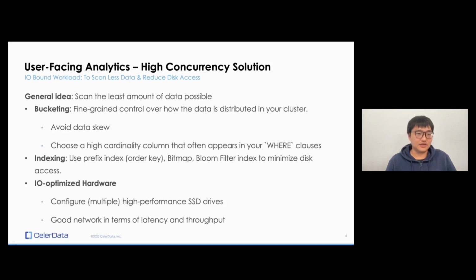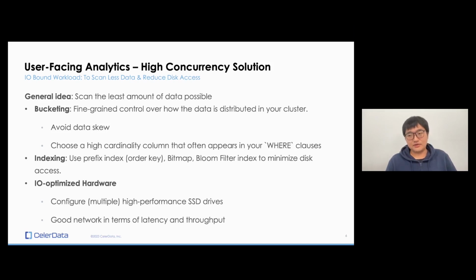Also, you want to pick a high cardinality column to avoid data skew. And second, you can use secondary indexes. First, you can set an order key, so a lookup runs in log n, which is much faster. You can also use the bitmap and Bloom filter indexes StarRocks provides to accelerate point lookups even more.